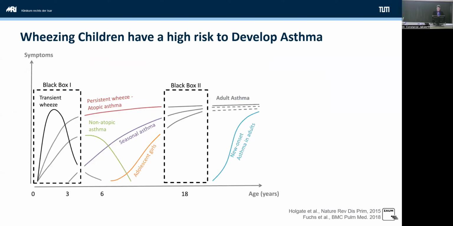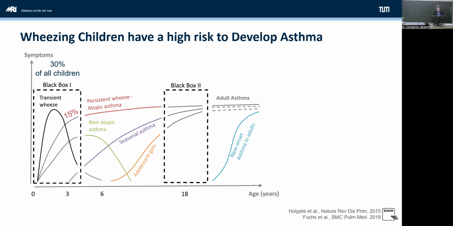The wheezing children that I just talked about have a high risk to develop asthma. Here I show you a graph from the German Center of Lung Research. And we were particularly interested in general in the early age. What happens with these 30% of all children who develop wheeze within the first 3 to 6 years, so preschool age. It's a huge number of children. Most of them, or a big part, loses this wheezing, fortunately, and so they resolve.